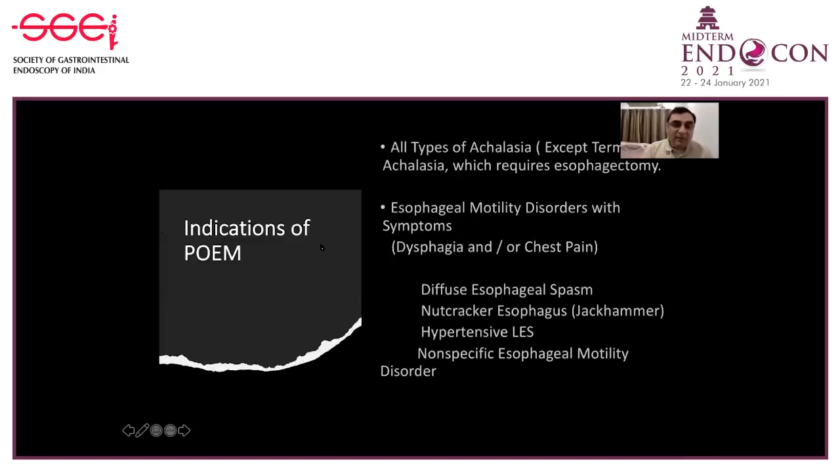Where do we do a myotomy in POEM? In all types of achalasia, excluding end-stage achalasia, which requires esophagectomy, and esophageal motility disorders with symptoms of dysphagia or chest pain: diffuse esophageal spasm, nutcracker or jackhammer esophagus, hypertensive LES, or non-specific esophageal motility disorders.